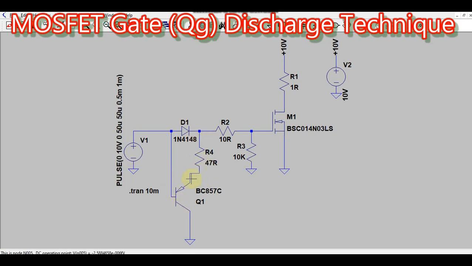The emitter of this PNP transistor is connected via a 47 ohm resistor at this node, and the base of this PNP transistor is connected here. That means between base and emitter we have the voltage drop of this diode, right? Let us see how this diode works.